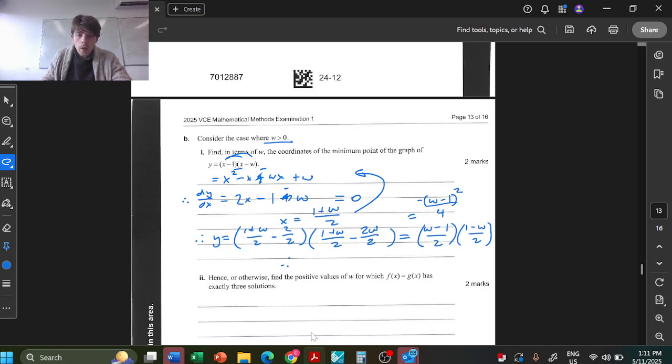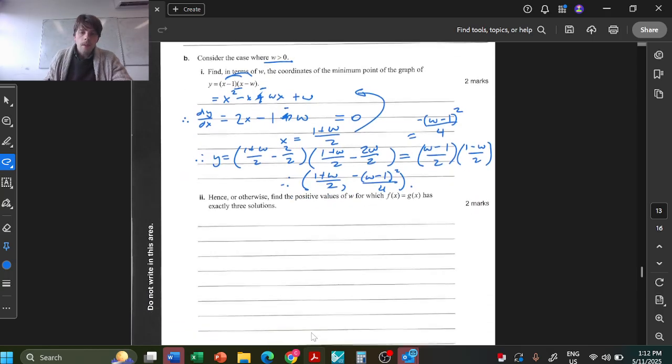So therefore, the coordinates are just those two things. So 1 plus w over 2, negative w minus 1 squared over 4. All right, there we go.